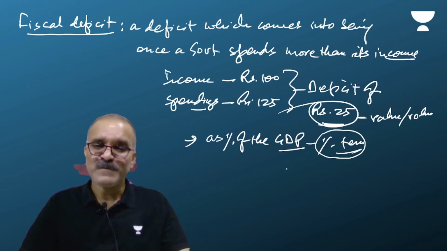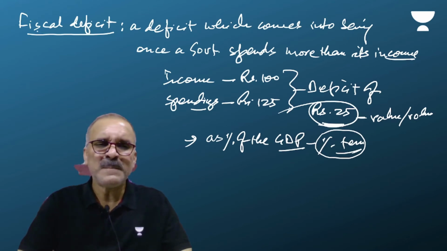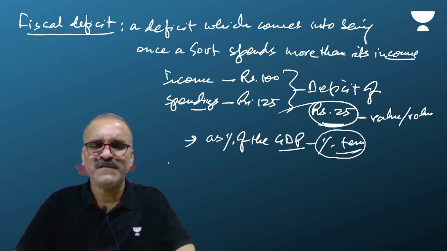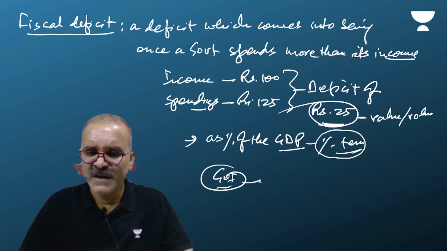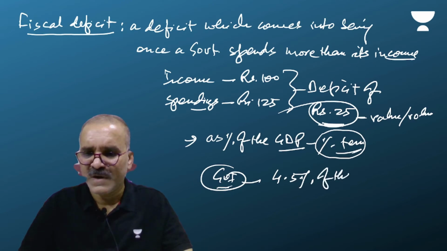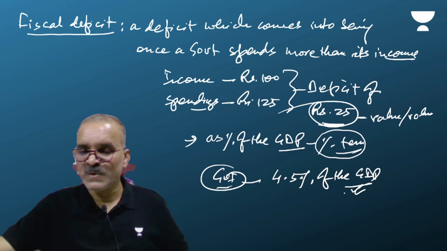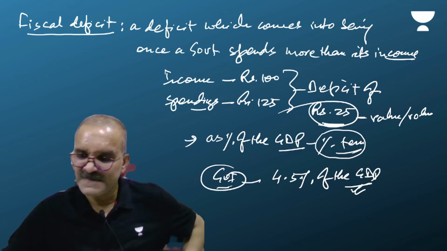For every country, only a particular level of fiscal deficit is considered sustainable. For the government of India, it is prescribed to be 4.5% of our GDP right now, according to the 15th Finance Commission.